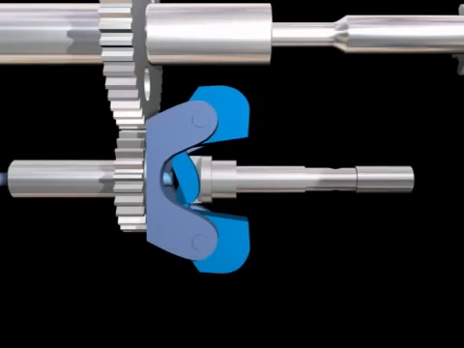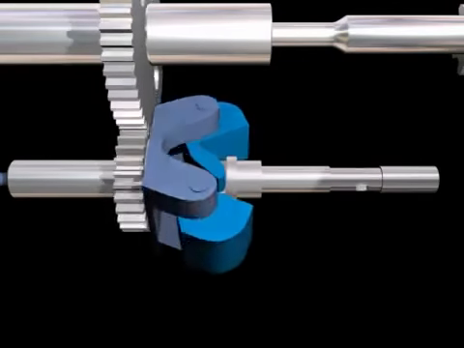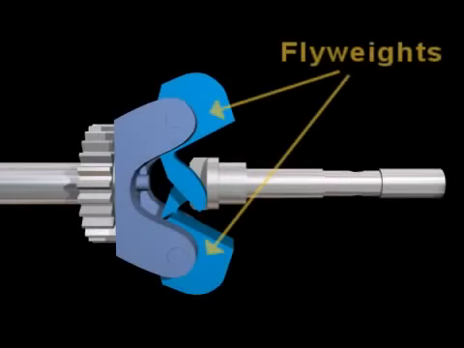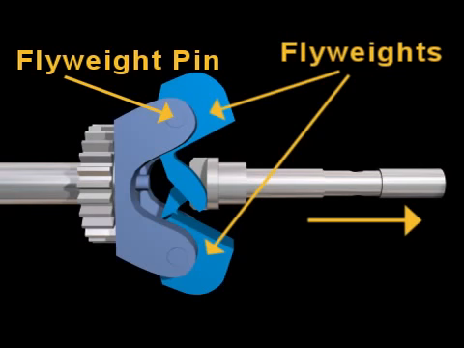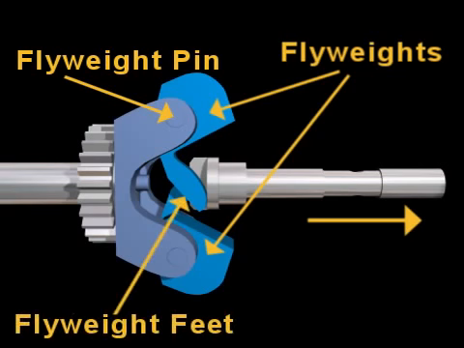Any rotation creates a tendency for the flyweights to move away from their axis of rotation, which is the center line of the weight carrier shaft. This outward push is known as centrifugal force. The rotating flyweights pivot on the flyweight pins. Through this pivoting action, an axial force is exerted on the governor plunger through the flyweight feet.